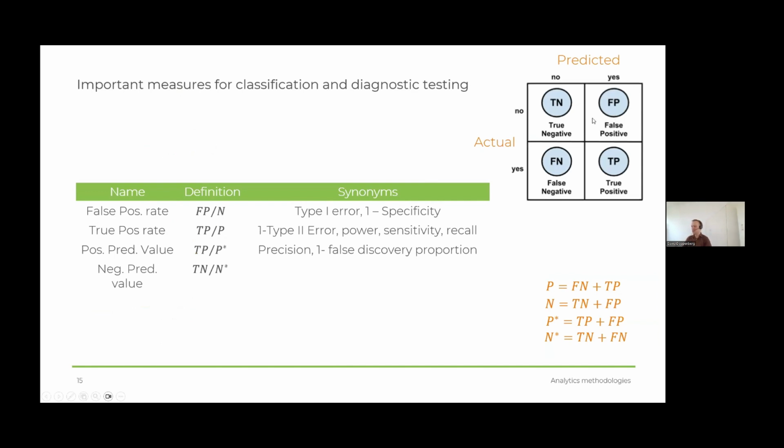So for everything that's actually not spam, how many mistakes did you make? And then the true positive rate is the number of true positives divided by everything that is actually positive, showing you how many you correctly classified as spam in our case. These are very important because we will see them later. These are commonly used to compare different classifiers.